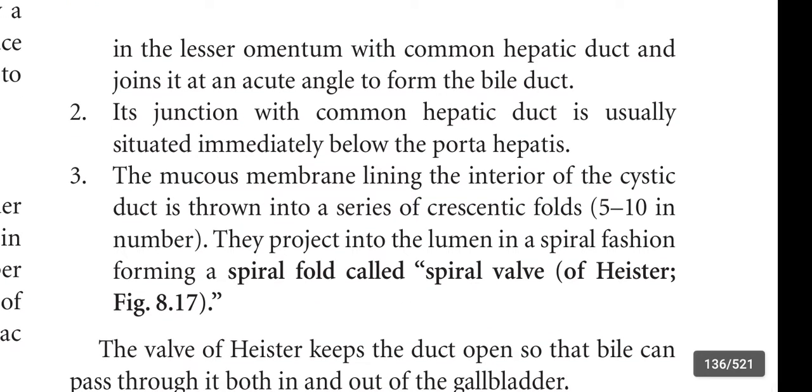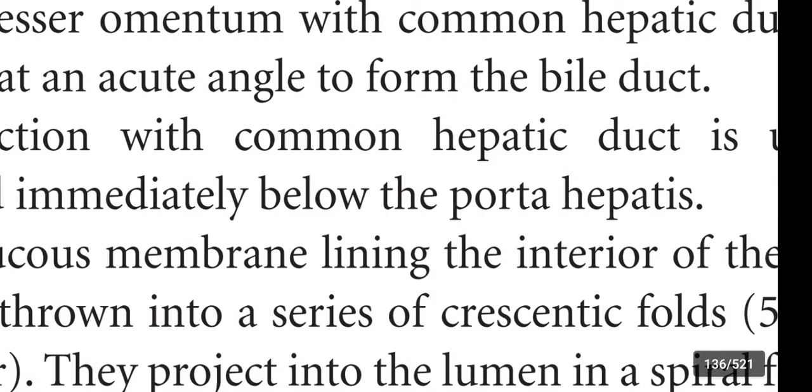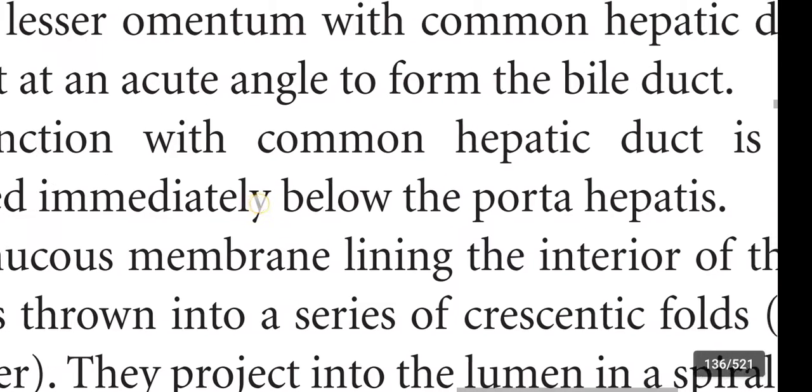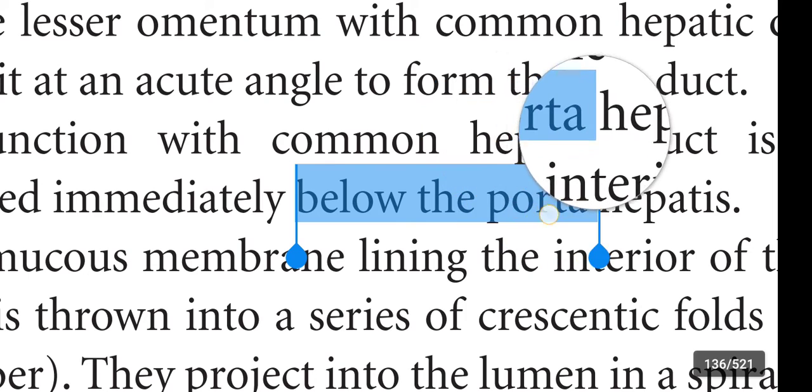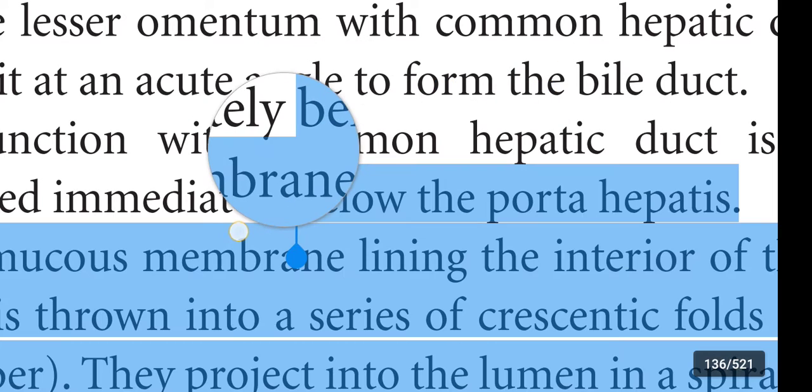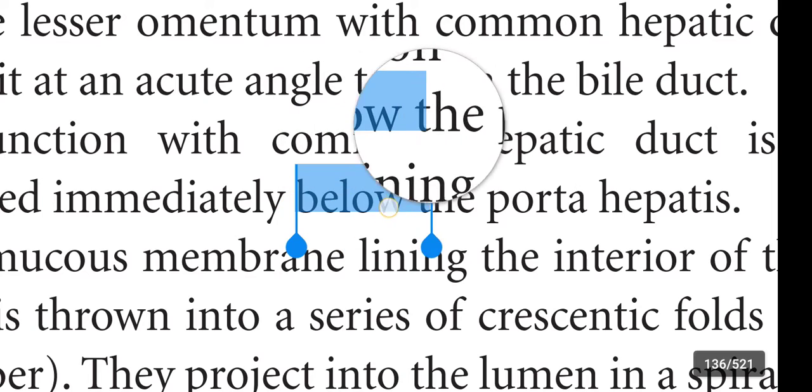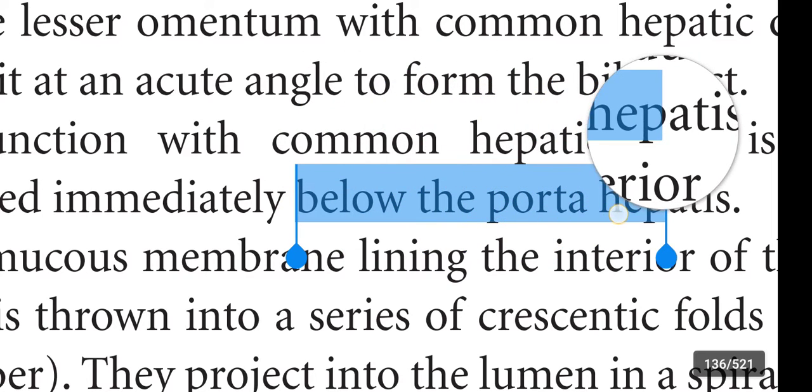Its junction with the common hepatic duct is usually situated immediately below the porta hepatis. Note this point, guys.